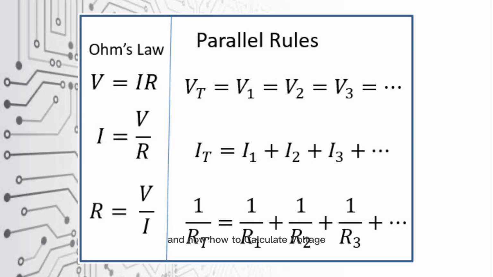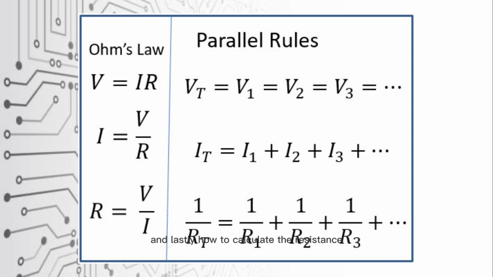And now, how to calculate voltage, current and resistance in a parallel circuit. V total will be equal to V1 equal to V2 equal to V3. For current, I total is equal to I1 plus I2 plus I3 and so on.